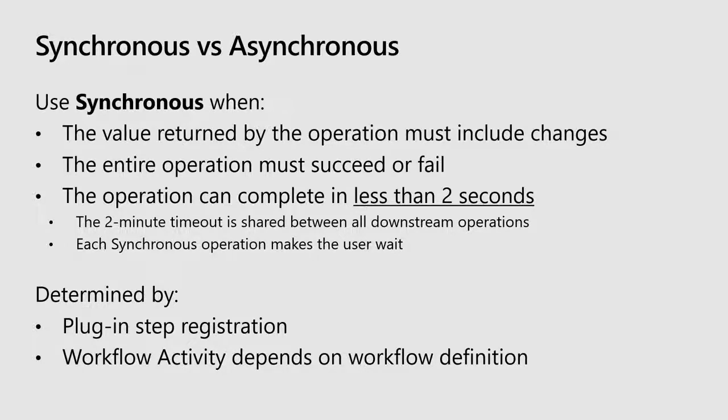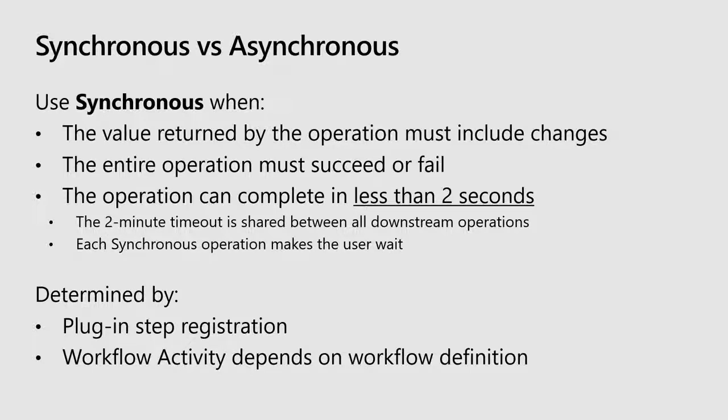So, one of the key guidelines as far as writing plugins and thinking about how you use them is thinking about synchronous or asynchronous. And so you'll want to use synchronous when the value returned by the operation has to include the changes that you're applying in your code. The entire operation must succeed or fail.